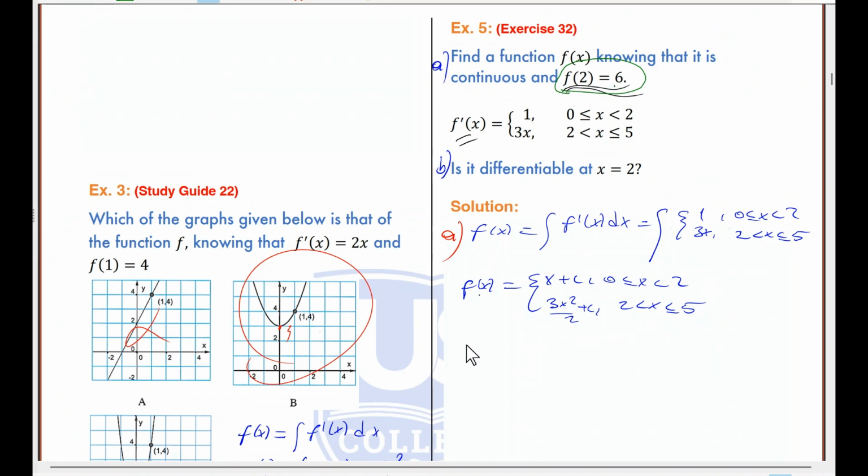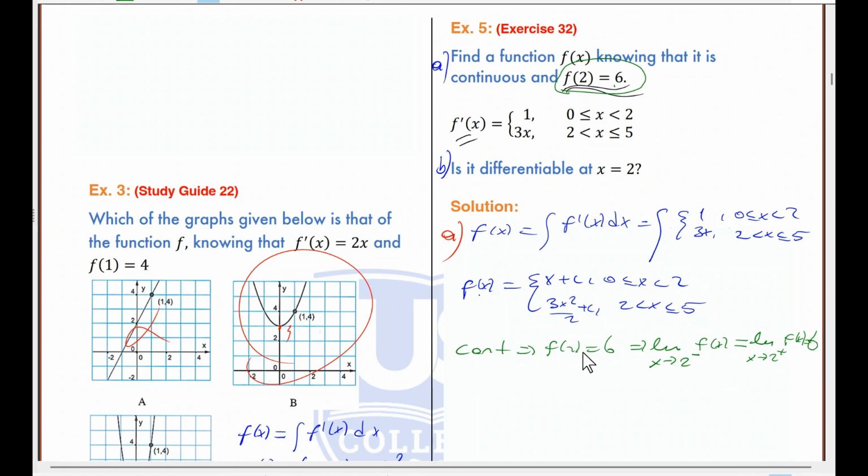If a function is continuous and f of 2 is equal to 6, then the limit as x approaches 2 from the left of this function must be equal to the limit as x approaches 2 from the right of the same function, which also must be equal to 6.